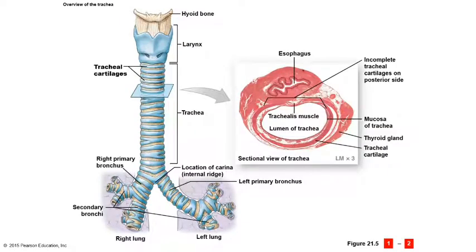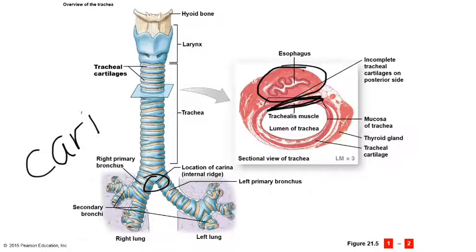The trachea is characterized by large C-shaped pieces of cartilage, and the trachealis muscle is at the posterior portion of the trachea with the esophagus directly behind. Where the trachea splits into the right and left primary bronchus is the carina, C-A-R-I-N-A.